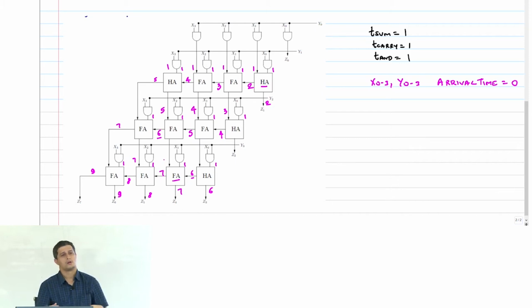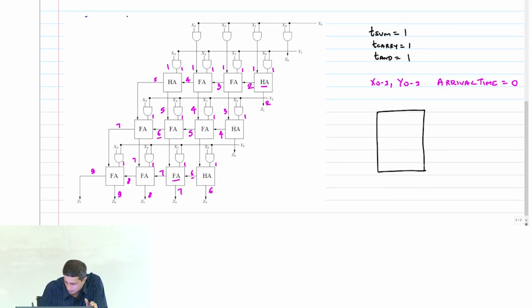Okay. Now, what is the critical path of this block? So you got to pick the output. What are your outputs? For this multiplier block, right? My multiplier block 4 cross 4 mult is basically A 0 to 3, B 0 to 3 and output Z 0 to 7.